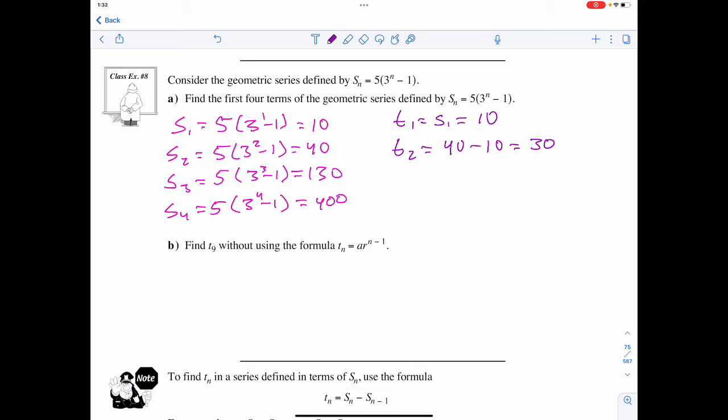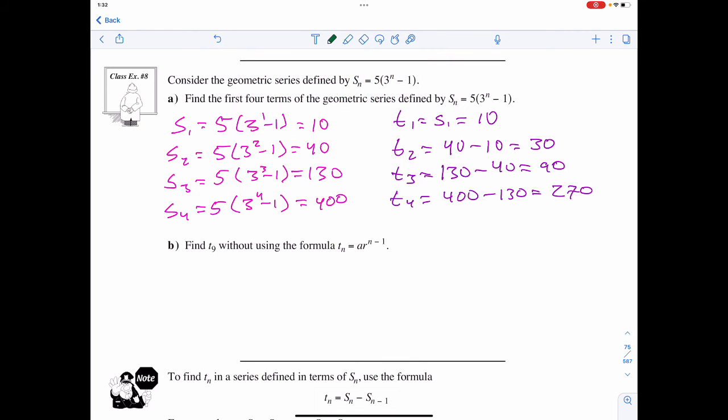Term 2 is 30. Term 3 is S3 minus S2, 130 minus 40, is equal to 90. And term 4 is S4 minus S3, or 270.